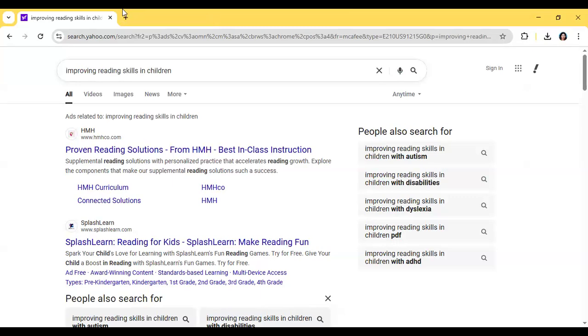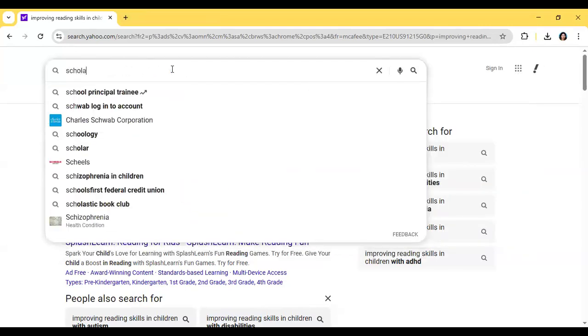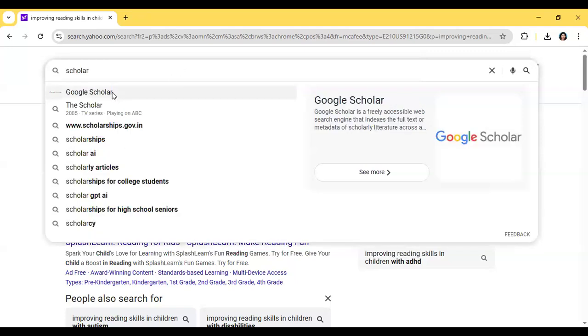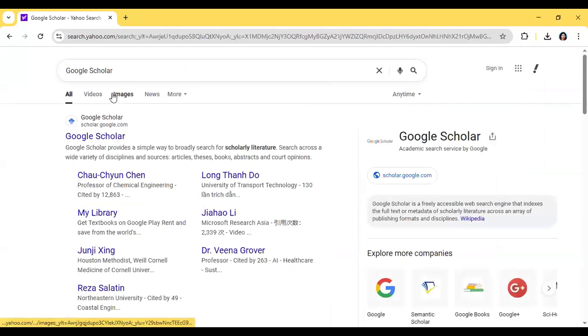The second one, enhancing reading fluency through repeated reading. That is the article title. Author Brown L. 2020. Key findings are repeated reading activities help students increase reading speed and accuracy. Research methodology, classroom-based action research. Okay. And the source is journal article.